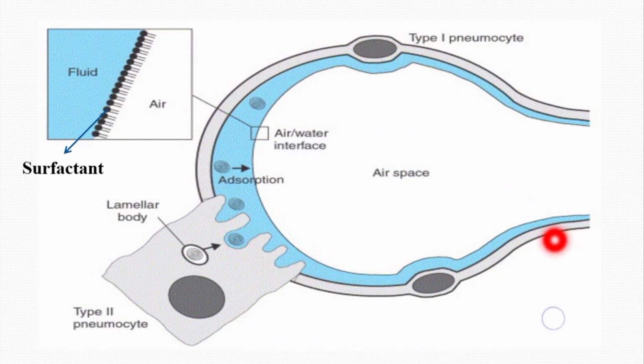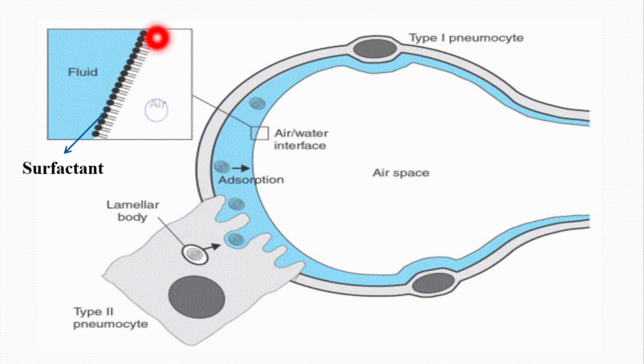This blue colored area is the fluid which is lining the wall of this alveolus, and on the surface of this fluid, at the air fluid interface, surface tension is present. To reduce this surface tension, surfactant is also present here.